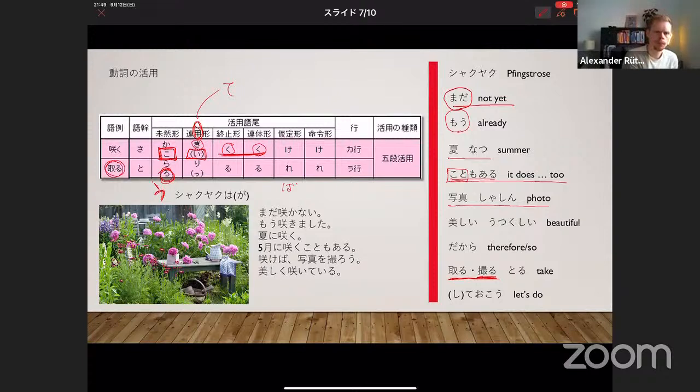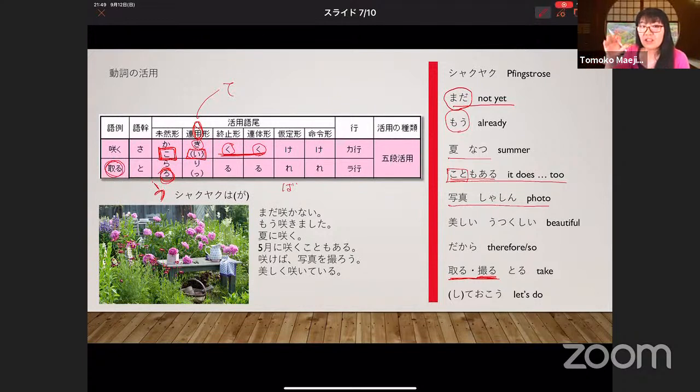And if it's a continuous form, we say te iru. This is the pattern of the conjugation we often use, and then the sound changes into e. So I'm gonna leave it out. All right. So the flower is blooming beautifully.